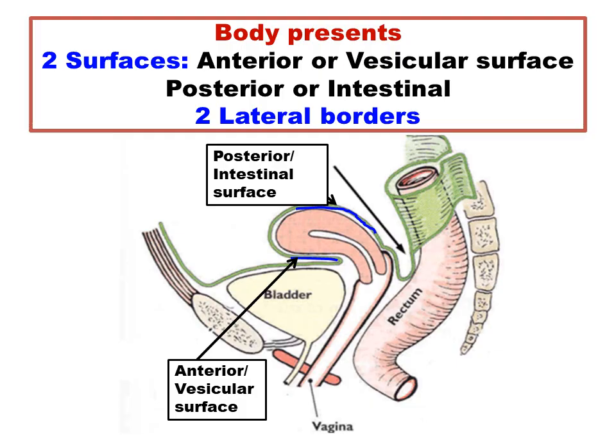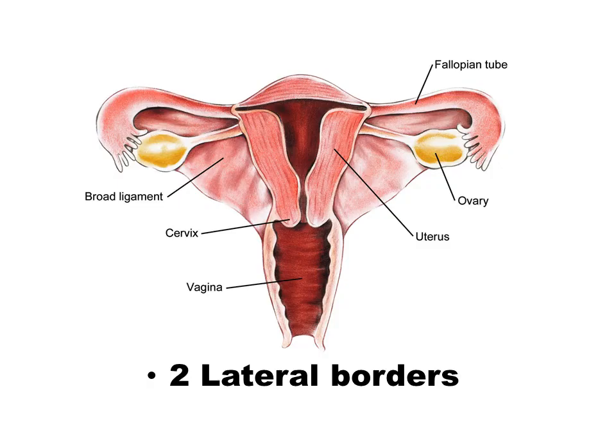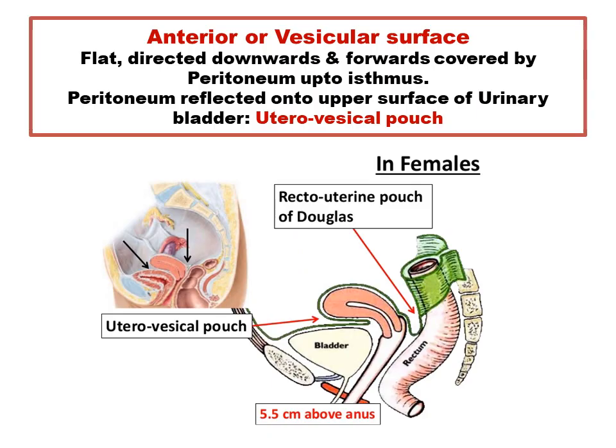Posterior surface is known as intestinal surface because it is related to the intestine, the sigmoid colon and the small intestine. Then the two lateral borders.